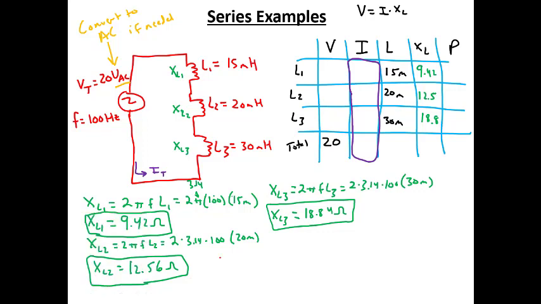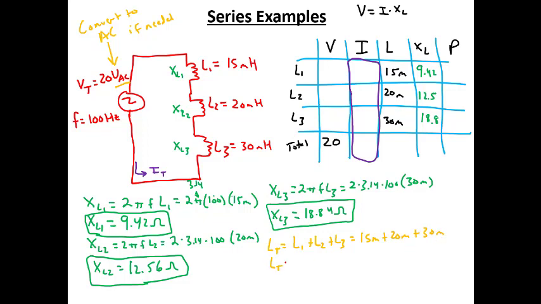let's try orange, is I'm going to find the total inductance and the total inductive reactance. So the total inductance is going to be L1 plus L2 plus L3. So here I got 15 milli plus 20 milli plus 30 milli.